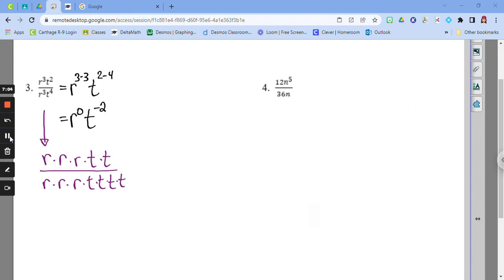So the 0 and negative exponent, as we initially start working with it, it's helpful to have a reference for why it's happening. So I cross out the r's one at a time. I have no r's left, correct? So that's just 1 now. It's the equivalent of 4 over 4 is just 1, right? Okay.